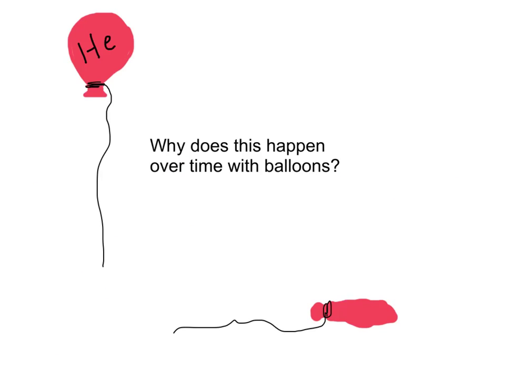Well, helium's pretty small. And so what actually happens is there are little teeny holes in the balloon, and the helium comes out, and that's called effusion. So it goes through effusion through the itty bitty holes.